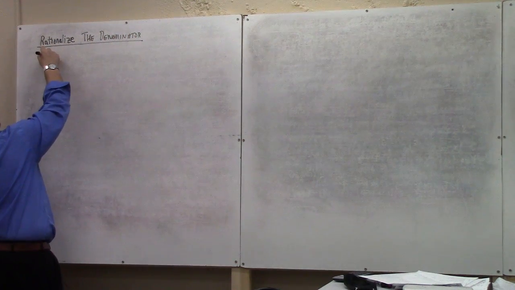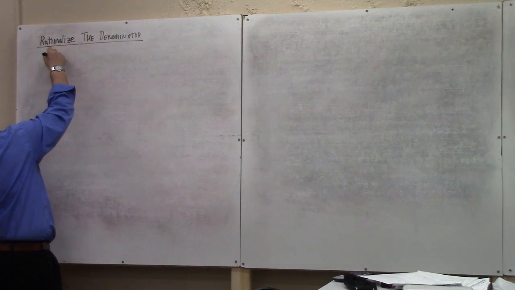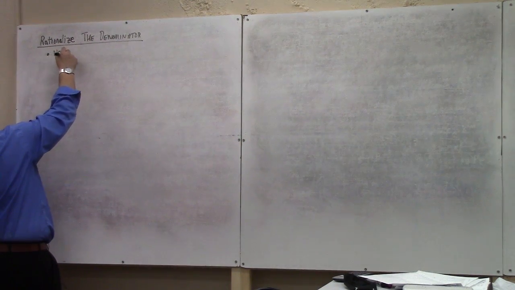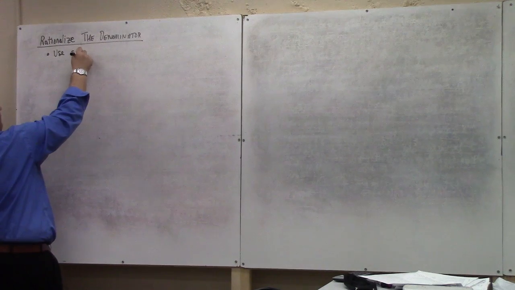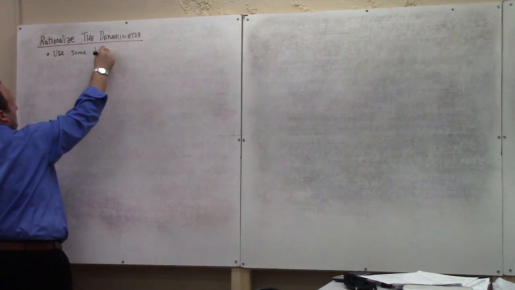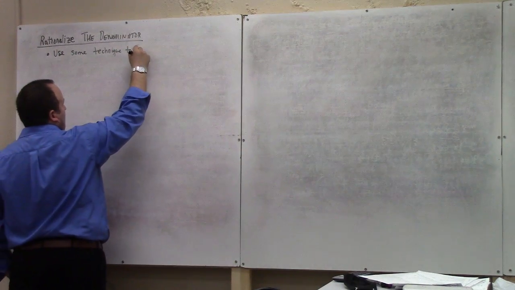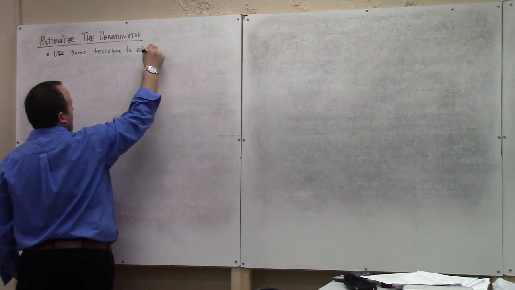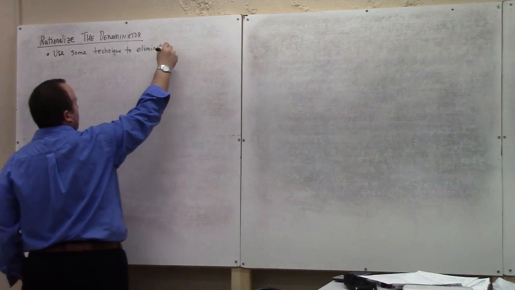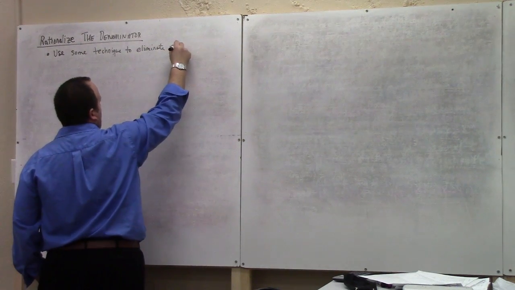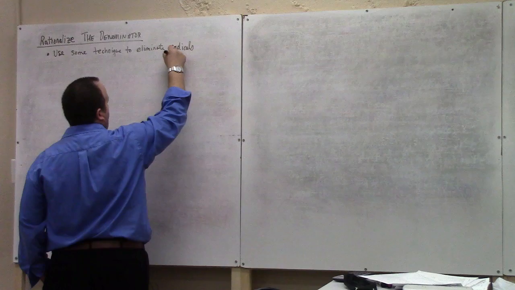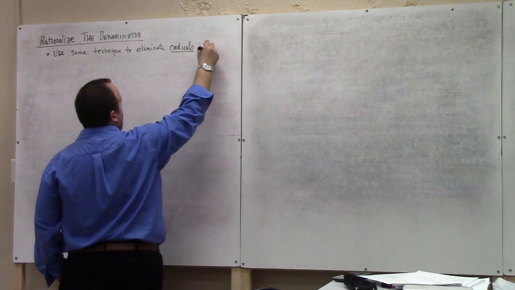Basically, that just means use some technique to eliminate radicals in the denominator.